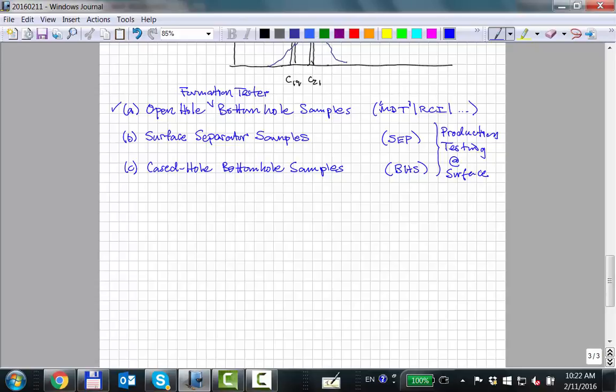So we've cased the well usually. I mean, you can produce some formations without putting casing in, but it's unusual, okay? So basically the well's been ready for production to the surface, and you're going to actually do production test, and during the production testing, you will be collecting the two types of samples, surface separator and or cased hole bottom hole. And I'll give you a little reason why you would pick the one versus the other, okay?